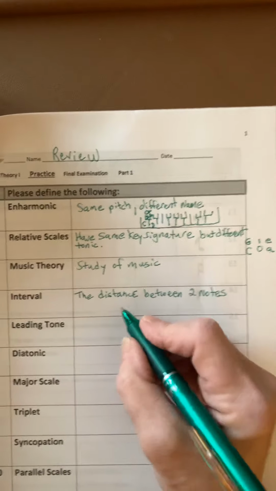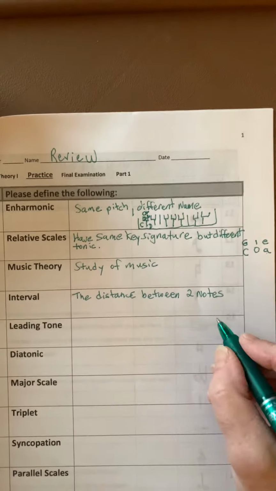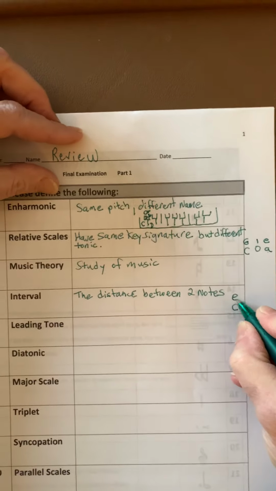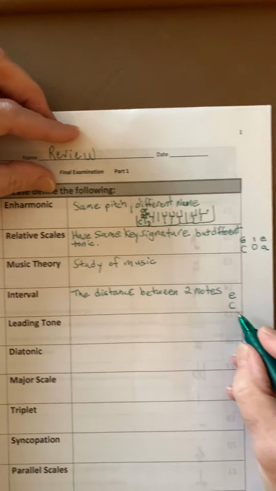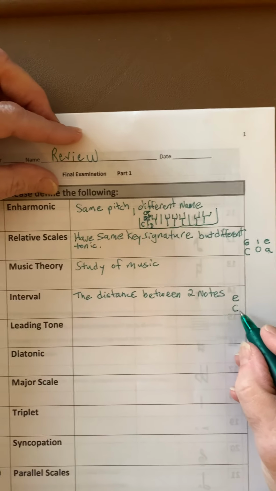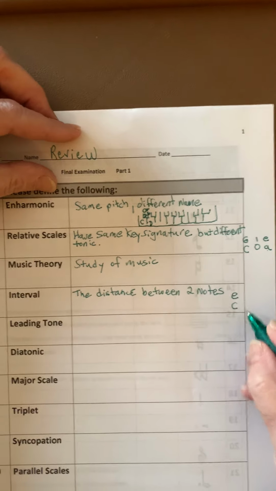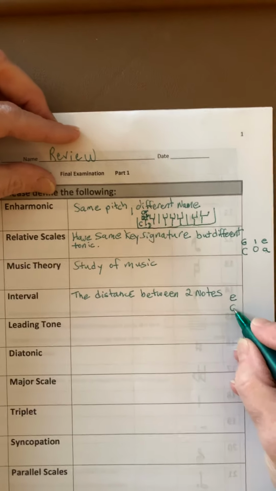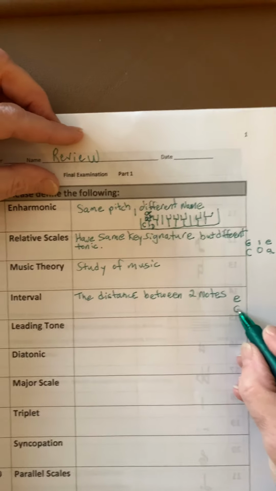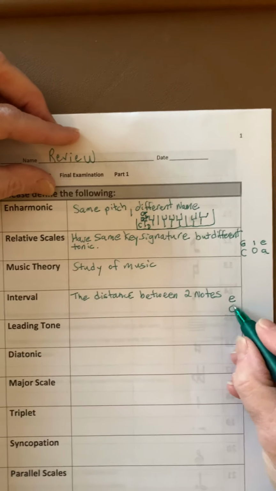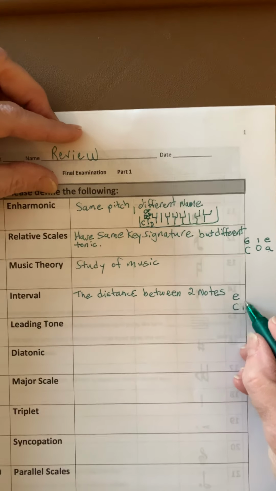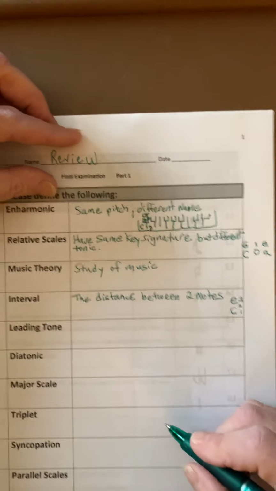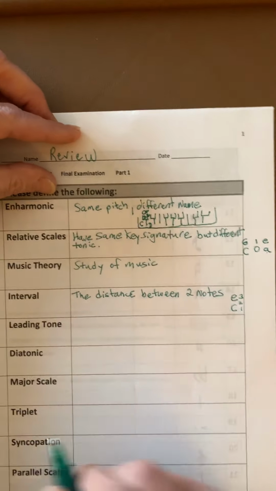Okay, so if you had a C up to E, no matter where it is on the staff, C is still lower. So C is 1, D, which is missing right here, would be 2, E would be 3. So this is a third. It's the distance between two notes.